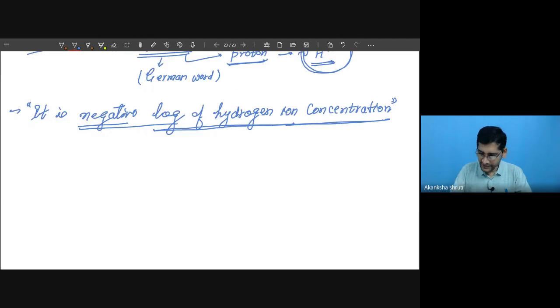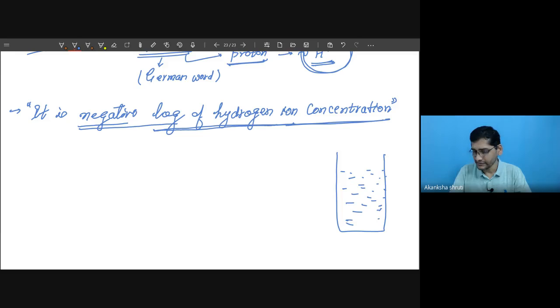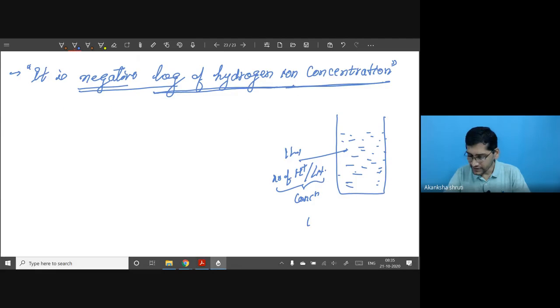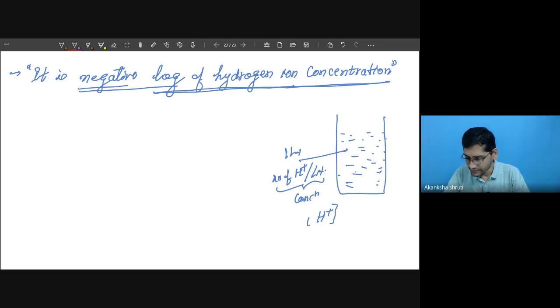Means if you are taking a solution, say exactly 1 liter, in this we are measuring how much hydrogen ion is there. The number of hydrogen ions per liter is called the concentration, and this is denoted by putting H plus in a square bracket.